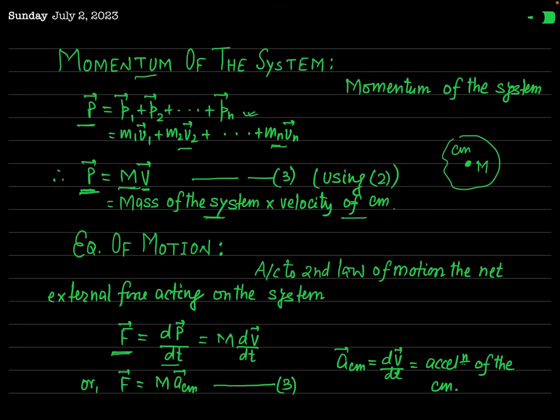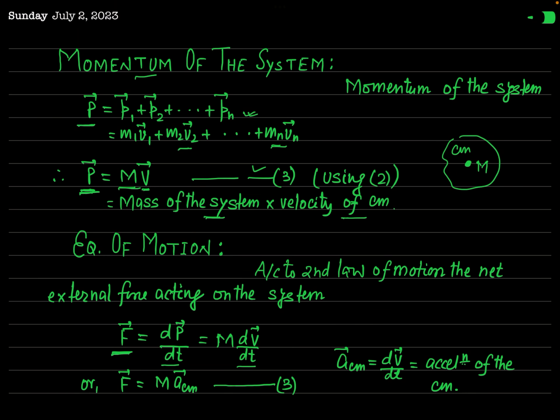You can see this equation 3, that the momentum of our system is MV, where M is the total mass of the system, V is the velocity of center of mass. As the total mass of the system, capital M, is constant, it is outside of the differential operator. So the net external force applied on this system of particles will be equal to M times dV by dt, where this capital V is the velocity of center of mass.